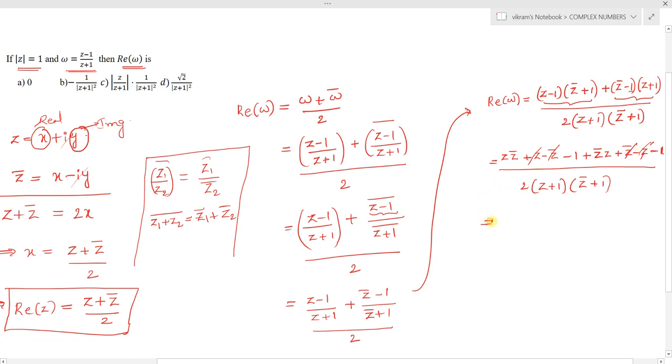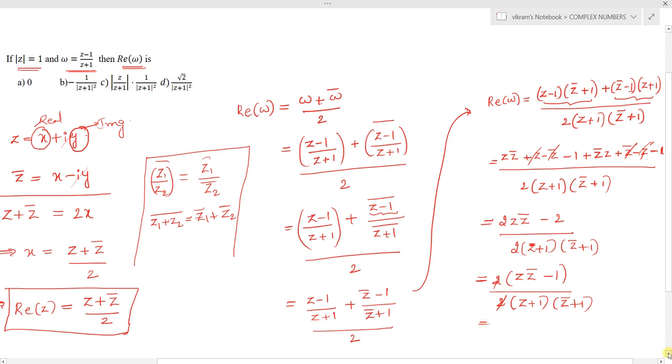Then we can write z into z conjugate plus z conjugate into z, that means 2 times z into z conjugate, minus 2, by 2 into (z plus 1) into (z conjugate plus 1). If we take 2 as common, then we can write (z into z conjugate minus 1) by 2 into (z plus 1) into (z conjugate plus 1), and the 2 will get cancelled out.